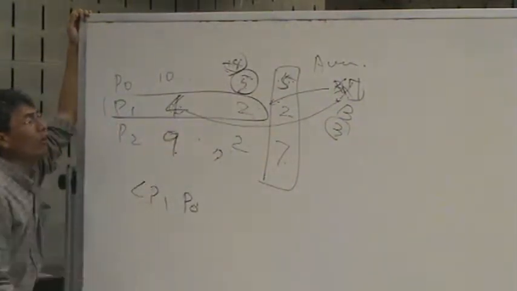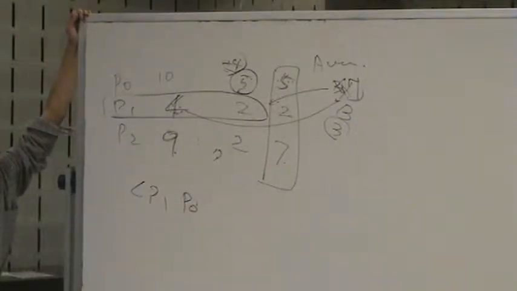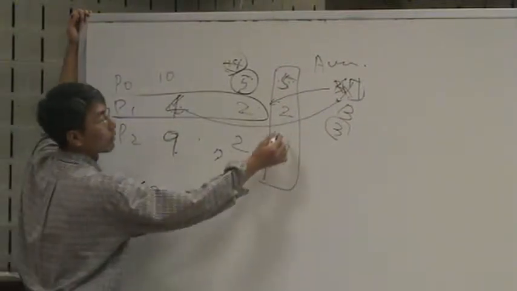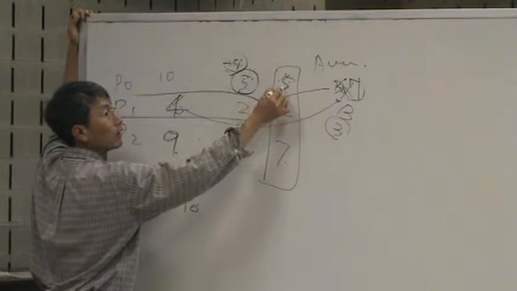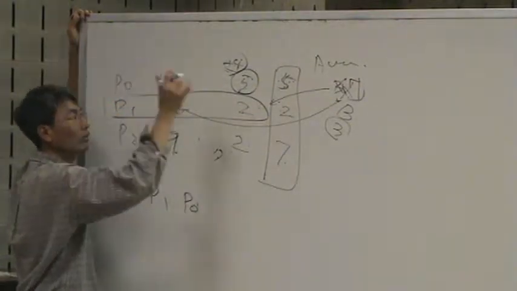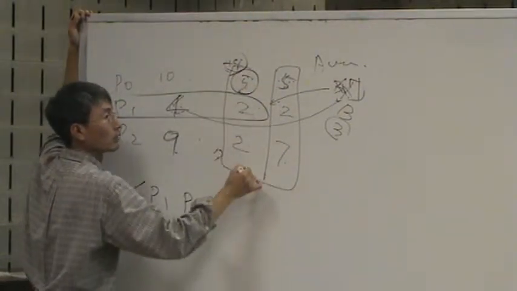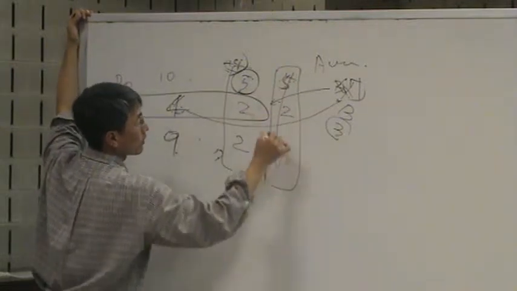I think the current need is 7, 2, 5. Current need. I think that doesn't make sense.